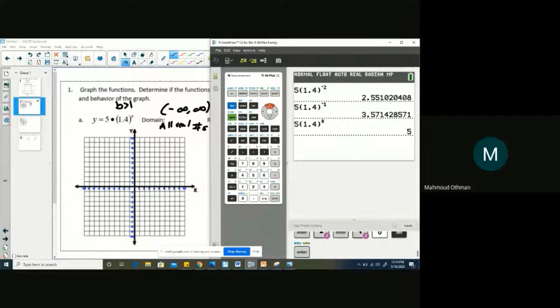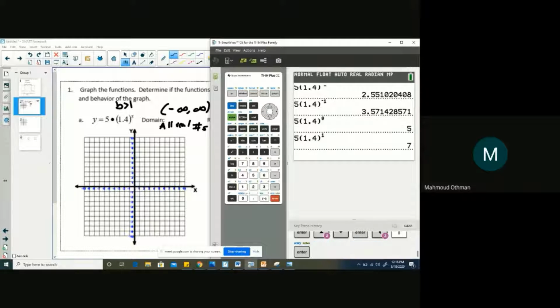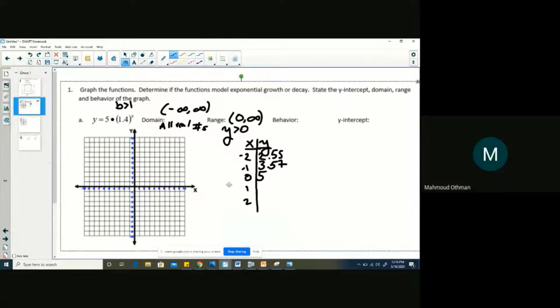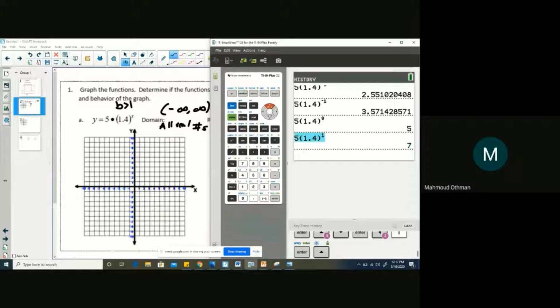As you can see, now we'll do 1. It's going to be 7. And then last but not least, x equals 2, get 9.8.